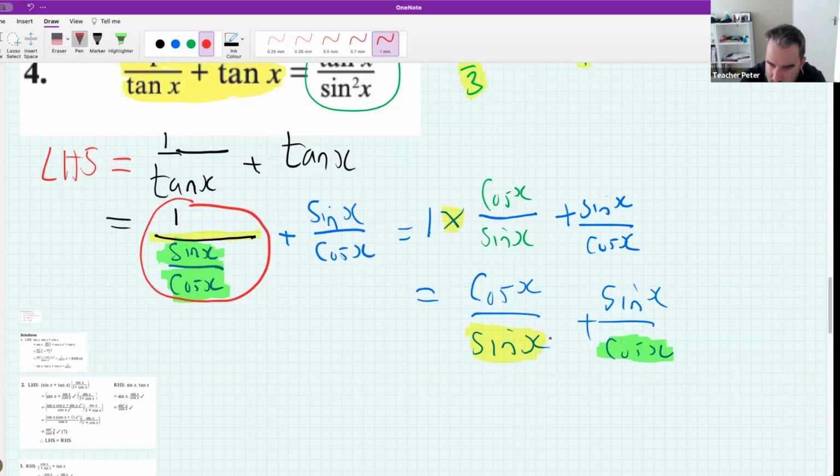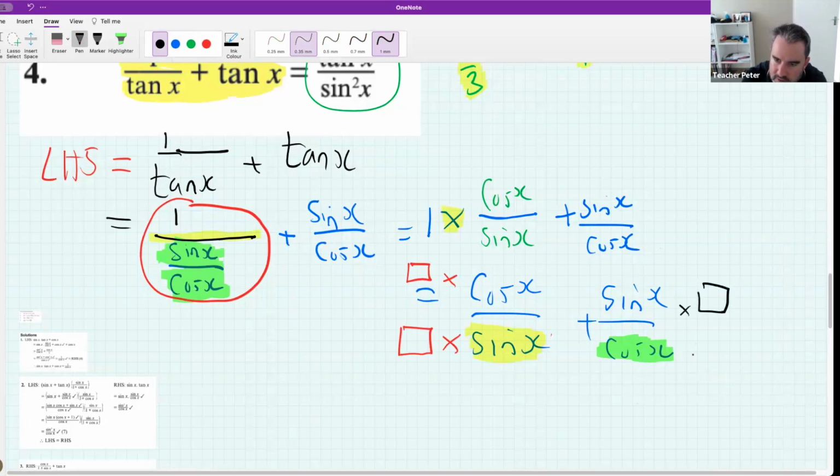I'm going to times, well, where should I put the times? I'll put it in front. There's going to be a red block, and I'm going to times the top and bottom by something in the red block. And then I'm also going to times the top and bottom here by something in the black block. What do you think goes in the red block?